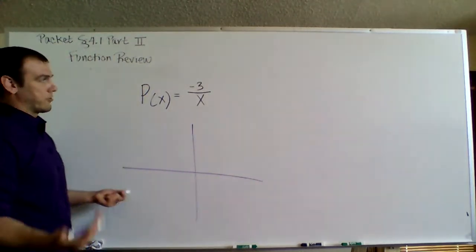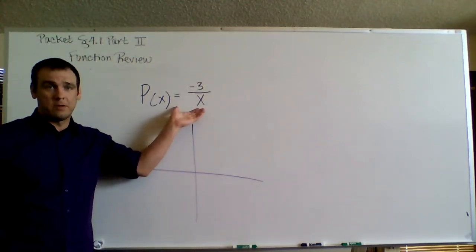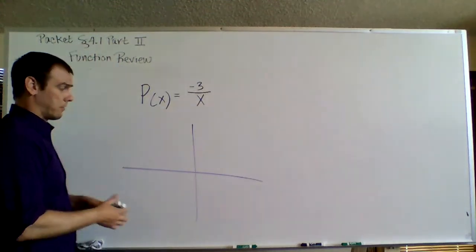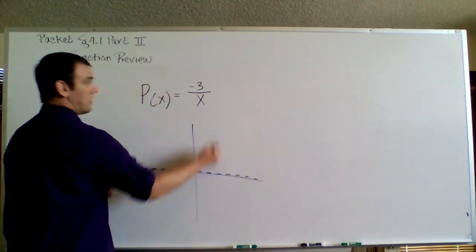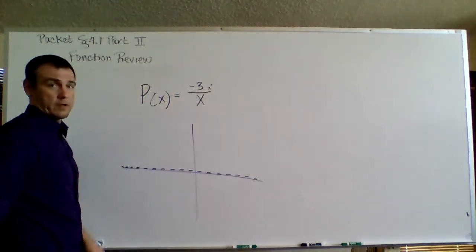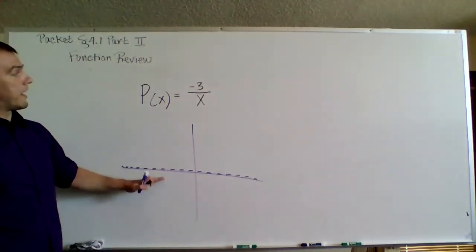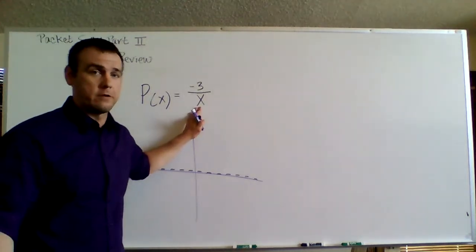Okay, think about your rational functions, what we know about them. My degree is bigger on the bottom, so it means I have a horizontal asymptote at 0, since my degree is bigger on bottom. All right, because that's really like x to the 0 up on top. All right, we have a vertical asymptote at 0 because I set my denominator equal to 0.